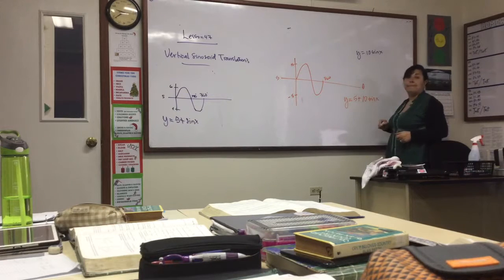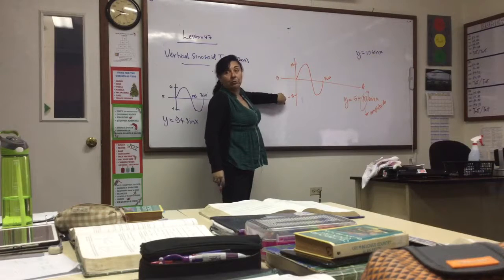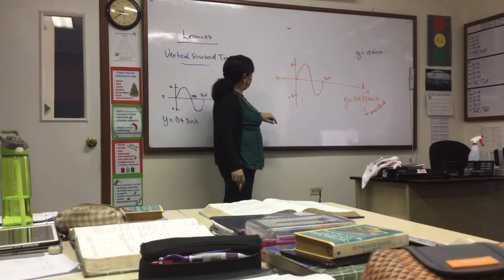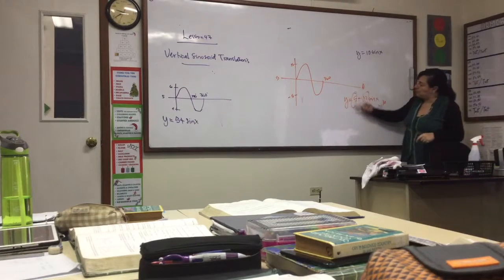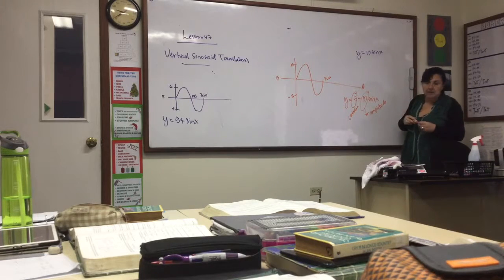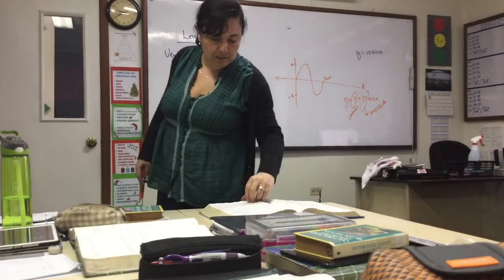Does everybody see it? Because this is the amplitude, and we see that it goes 10 up and 10 down, right? Did I go 10 down? Yes. And I start at the center line, which is this one. Okay? Is that easy to understand?